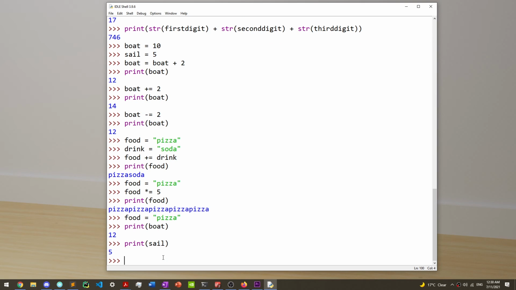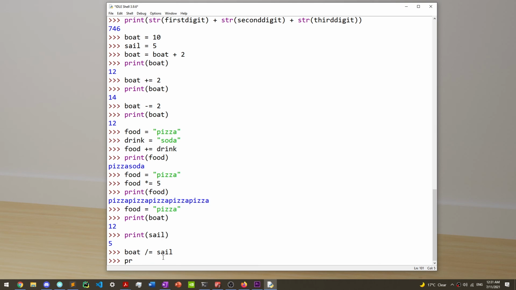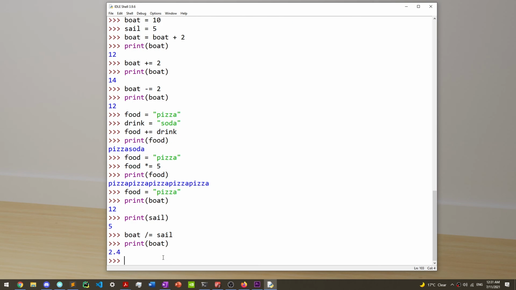Now, what I can do is I can actually divide these using the divide equals sign. So let's say I wanted to reassign the value of boat, but divided by sail. What I can do is I can say boat divided equals sail. Now, if we print out boat, we get 2.4. So it updated the boat directly.